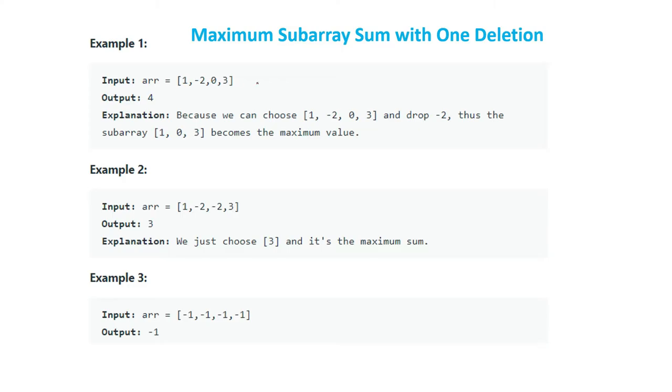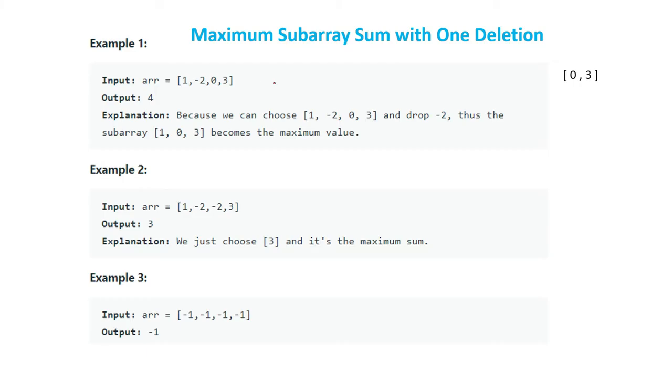The array is 1, minus 2, 0, 3. If I tell you what will be the maximum sub-array sum here, then the answer will be 0, 3 because this subarray is contributing to the maximum sum. No other subarray can provide the value as 3.